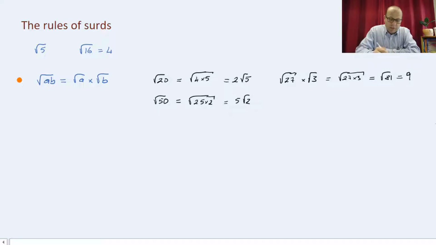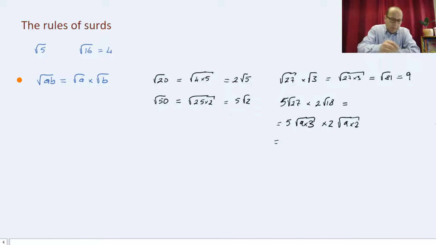A more challenging one: 5 root 27 multiplied by 2 root 18. We have root 27, I can write it as 9 times 3. So 5 root 9 times 3, times 2. Square root of 18 is 9 times 2.